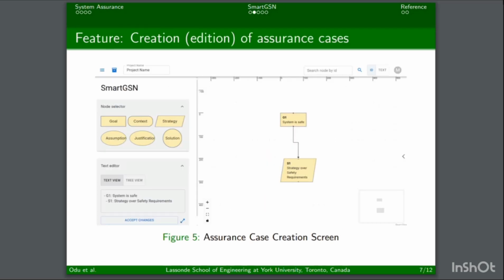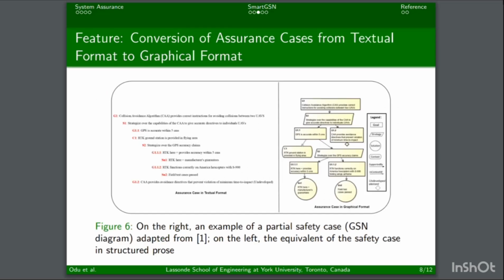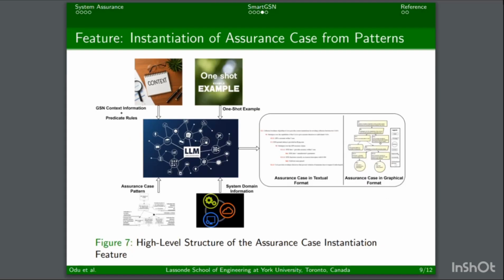In these slides, you can see the features of SmartGSN, which includes the ability to create and edit assurance cases. It also facilitates the conversion of assurance cases from textual to graphical format. SmartGSN includes the automatic instantiation of assurance cases from patterns.